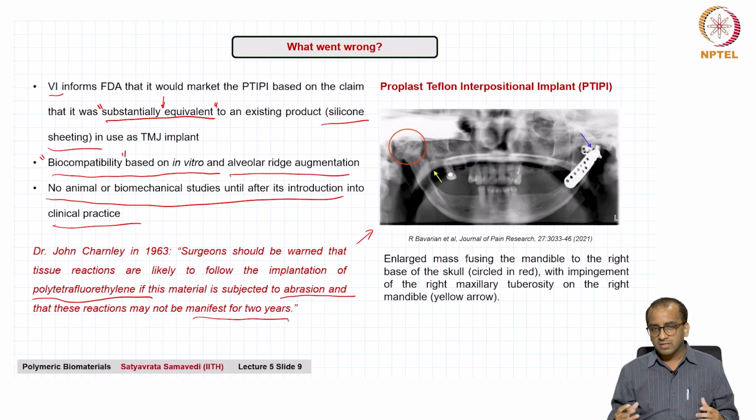I think the lesson to be learnt from this case study is that not only is it important to consider what kind of structure property you want for that application, but you also have to keep in mind the type of environment that the material is going to be placed in, the type of loading it's going to be subject to, the type of stresses it's going to be subject to, the pH, and a host of other factors, and of course the time period for which the material will be remaining in that position, before one can claim that this material is biocompatible. So, that has to go all the way up to functionality and performance.